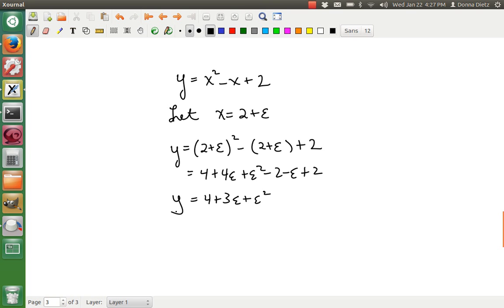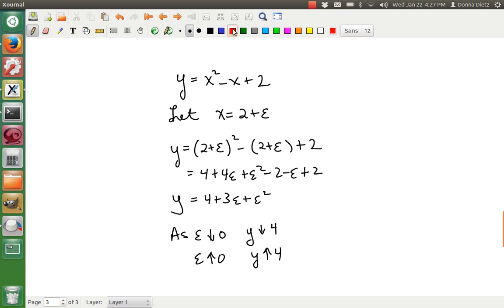Okay? I've actually just recentered this whole parabola, but I want you to just think about the fact that as epsilon decreases to 0, y decreases to 4. Or as epsilon increases to 0, epsilon could be negative, then y is going to increase to 4.